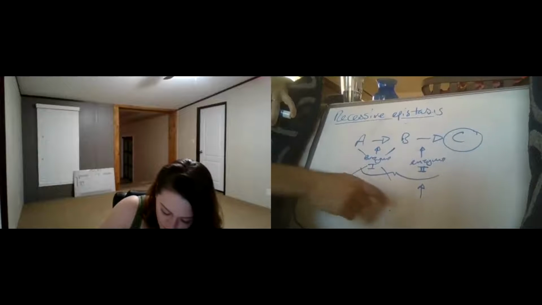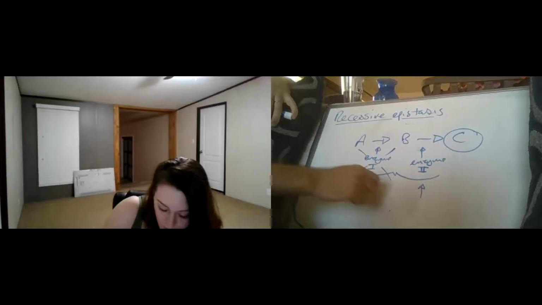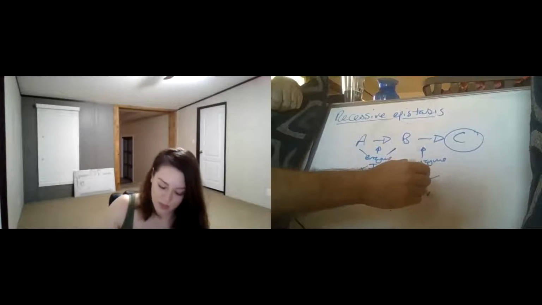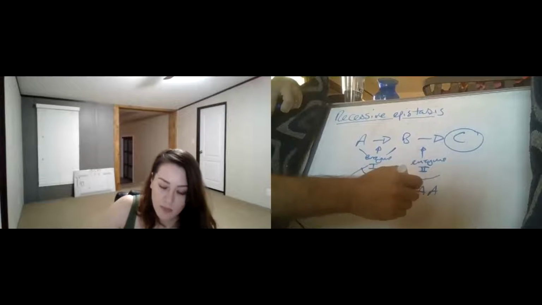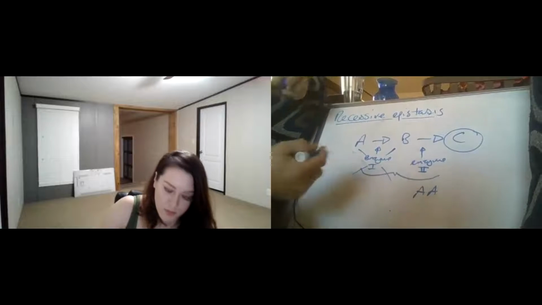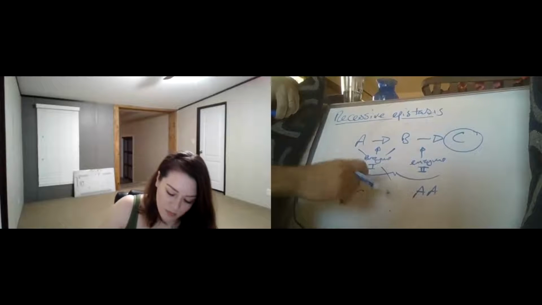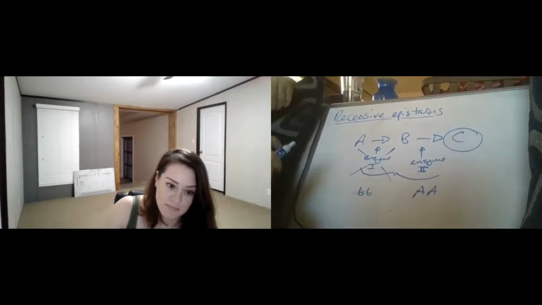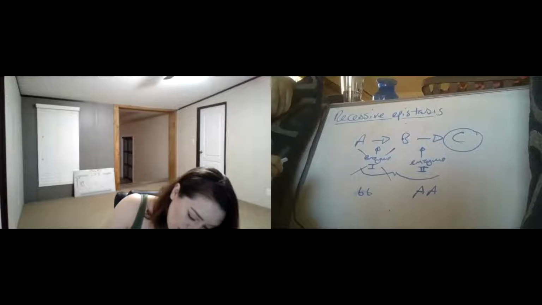So what would happen to the phenotype of enzyme 2? Let's say you have AA genotype here, and we have a homozygous recessive genotype here.